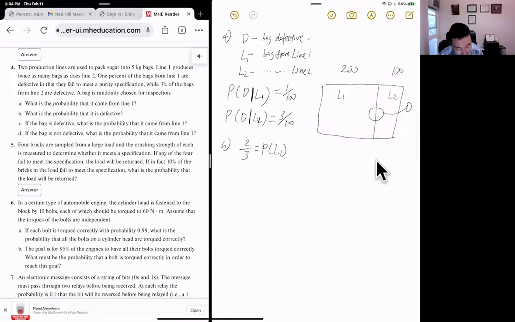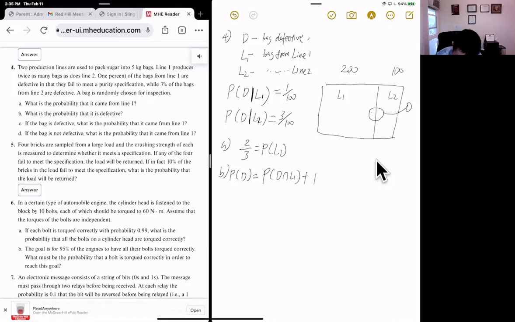Part B: what is the probability that it is defective? Because we define that the circle is defective, it is basically asking for the probability in that circle. So B, the probability it is defective, is equal to two parts added together.